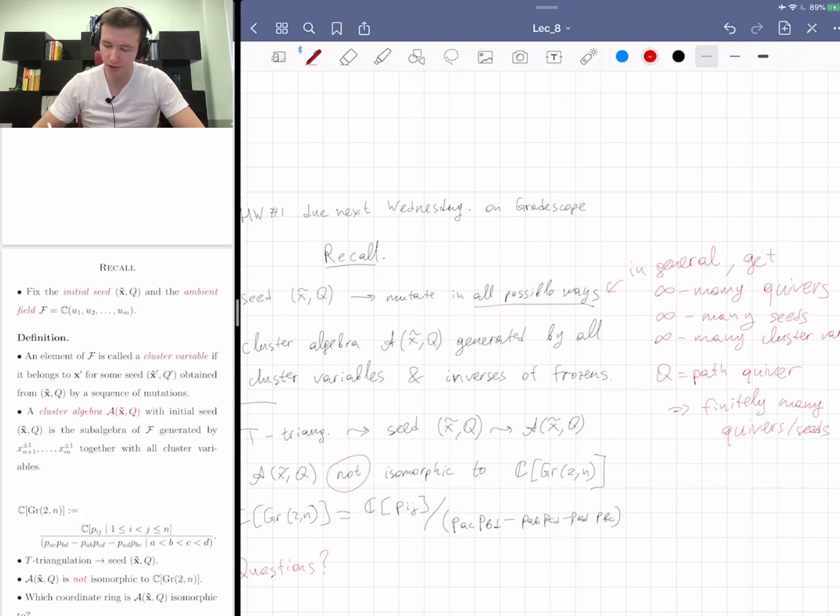And the reason for that is that they correspond to triangulations. Right. So in a triangulation, you can mutate any diagonal, and so no matter how much you mutate, you always stay inside the set of triangulations.